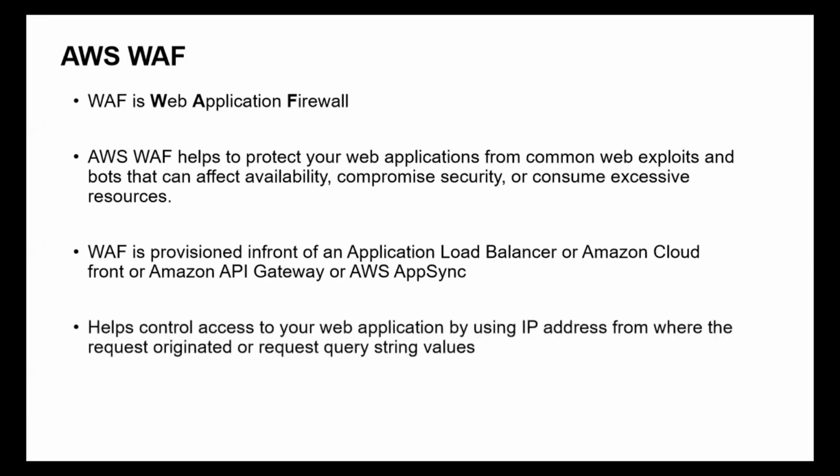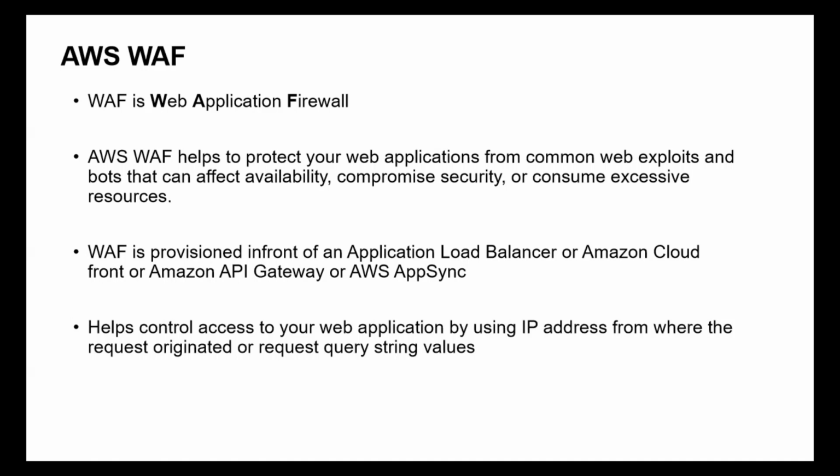It helps control access to your web application by using the IP address from where the request originated, or by the query string values. Basically, in the WAF, you can configure the source IP from which you want to allow or block the traffic.